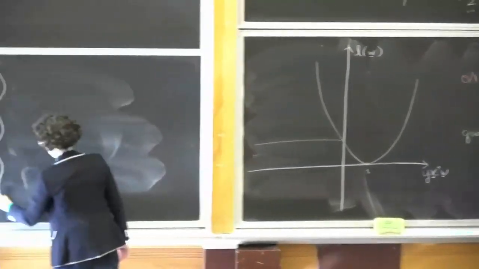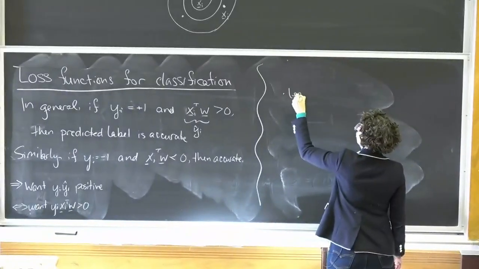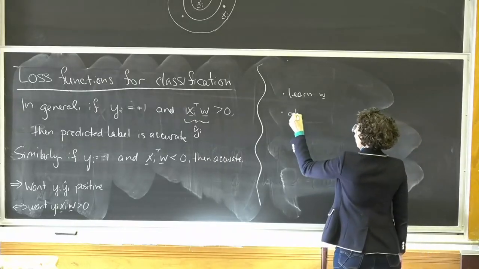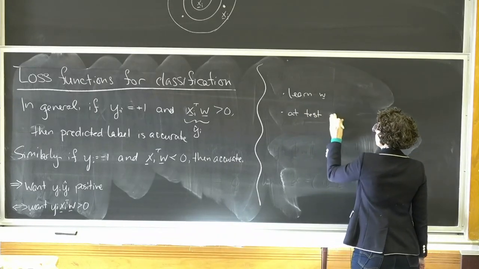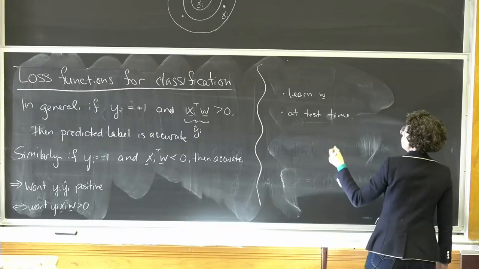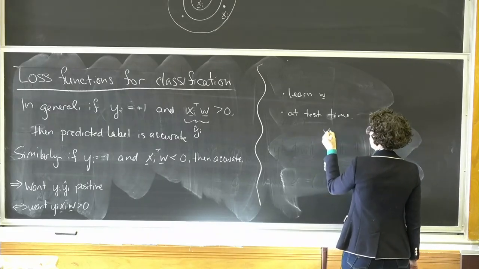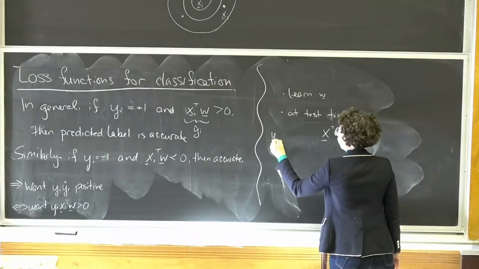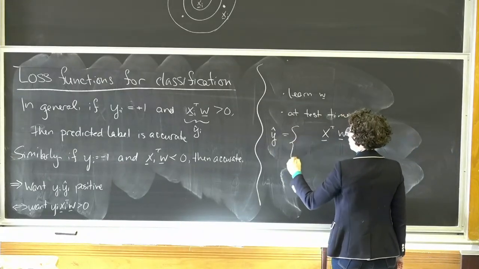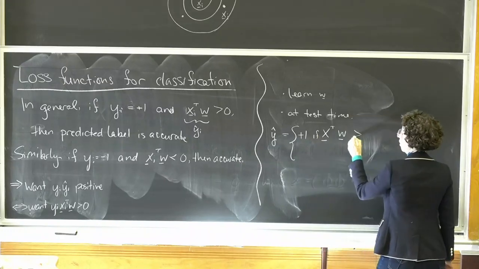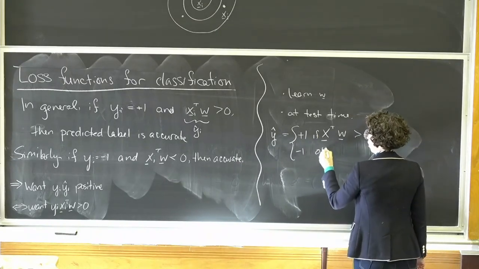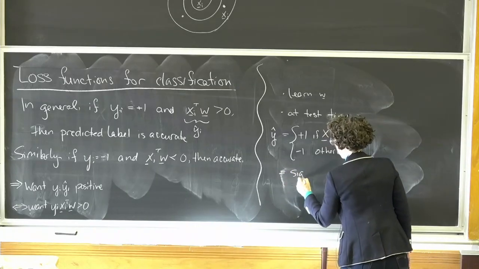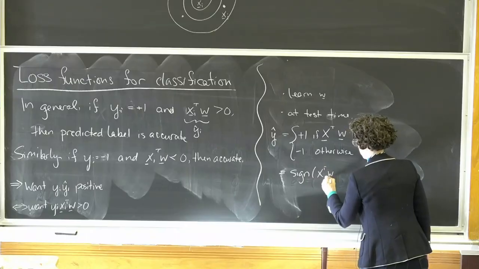The way we had set this up before is you would first learn a W, and then once you have a W, at test time, or when you deploy it, you compute your new x transpose times w, and then your y hat would be equal to +1 if this inner product is positive and -1 otherwise, which is exactly the same as the sign of x transpose w.